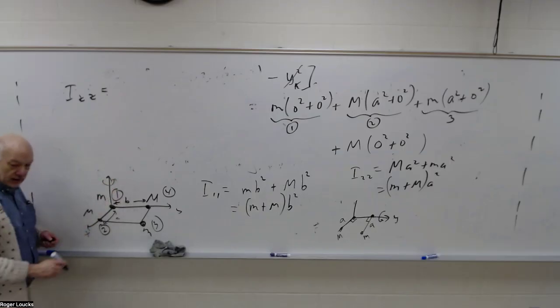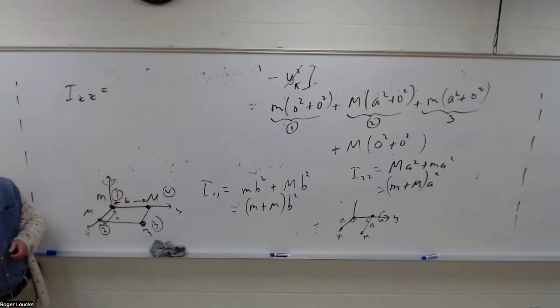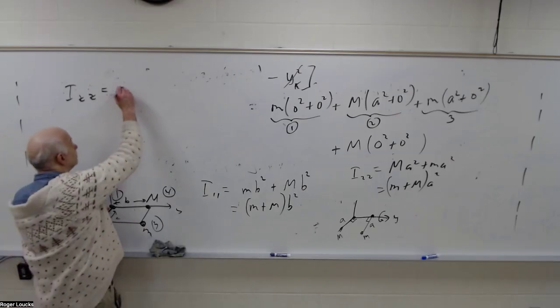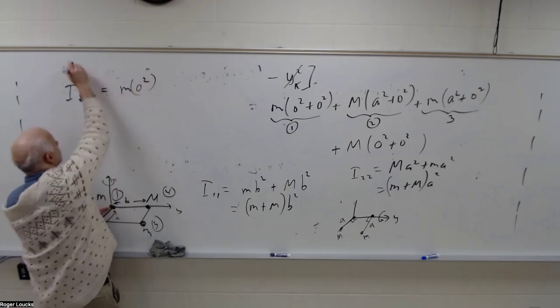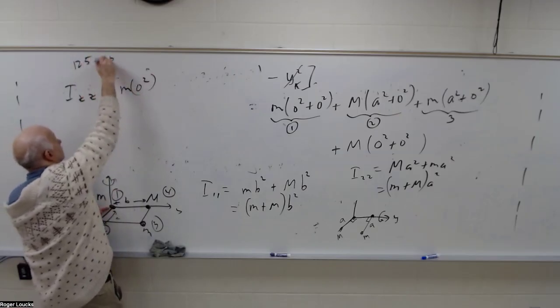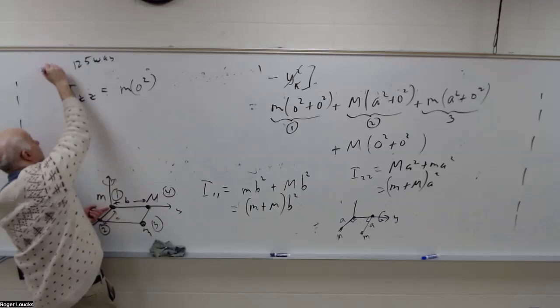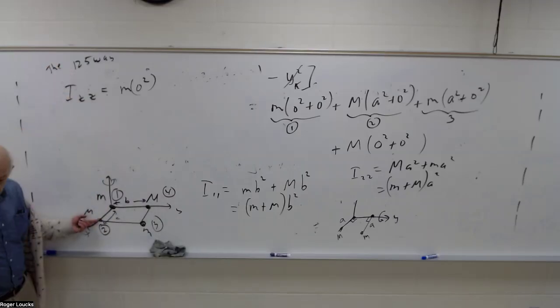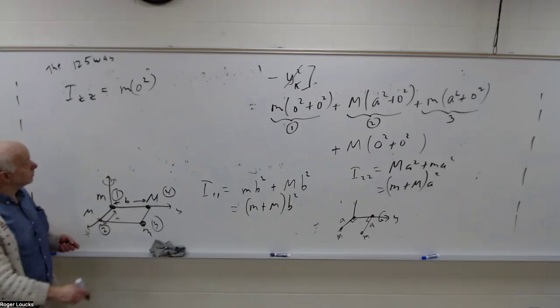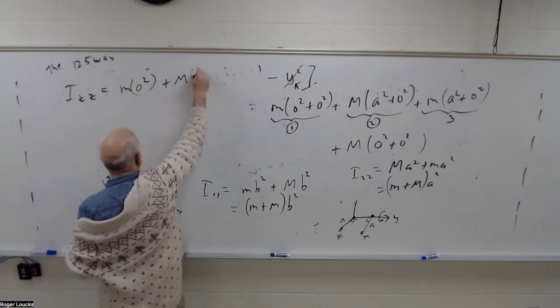That would be my rotation axis, right? And so what would be the contribution then from this guy here? 0. 0. So to get m 0 squared. So this is no 125 really. What would this one be? A squared. That'd just be A squared.